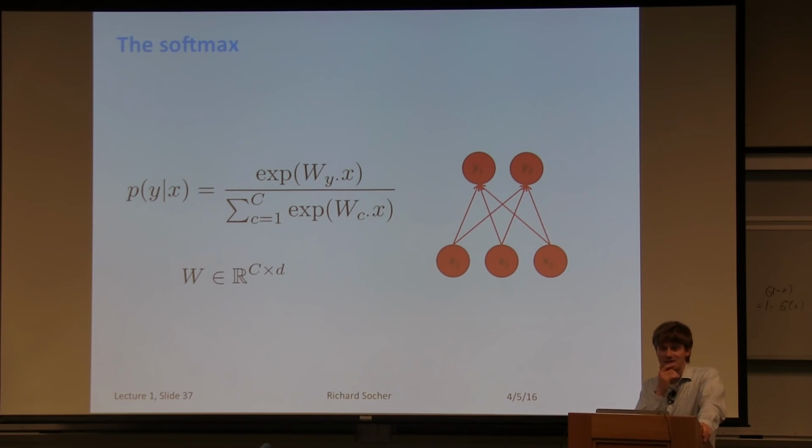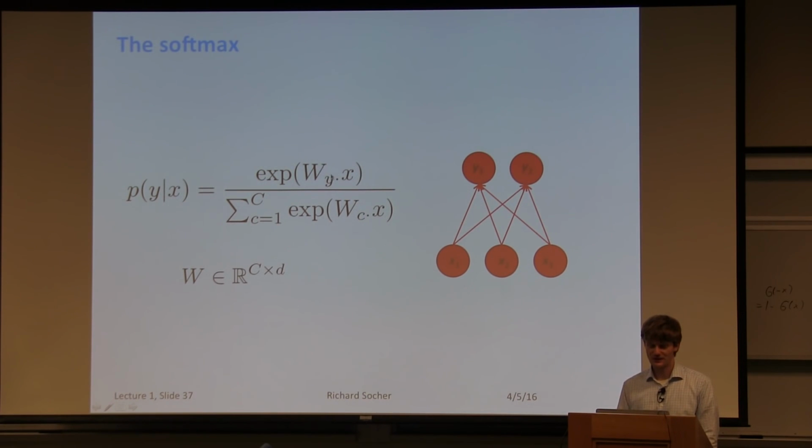So let's define the softmax, because that's one of the most basic building blocks for our neural networks. Again, we'll start with a simple word vector x, which is, in many cases, the average of our u and v vectors. This is the notation we'll usually use for the probability for a class y given some word vector, or eventually some other vector x.